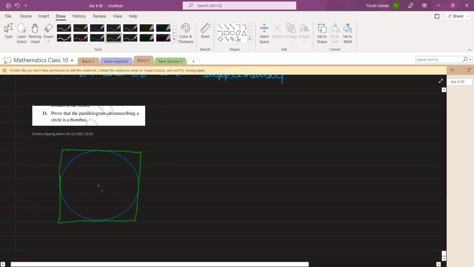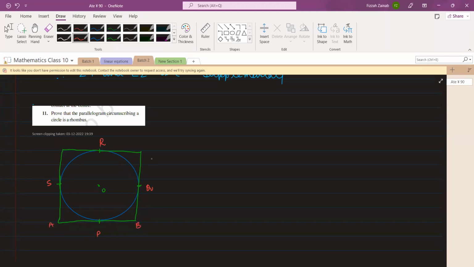These are the 4 points of contact. Let's give them some names: P, Q, R, S. And then you have a parallelogram, which is ABCD. In the question, it's already written parallelogram, so you don't have to prove that the sides are parallel. It's given.